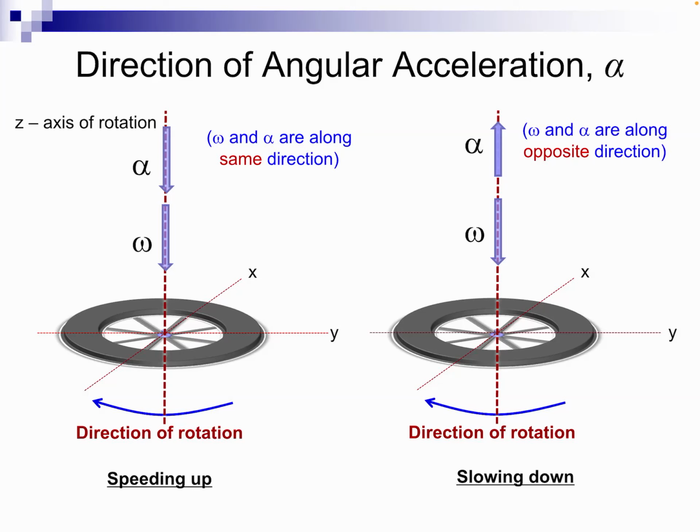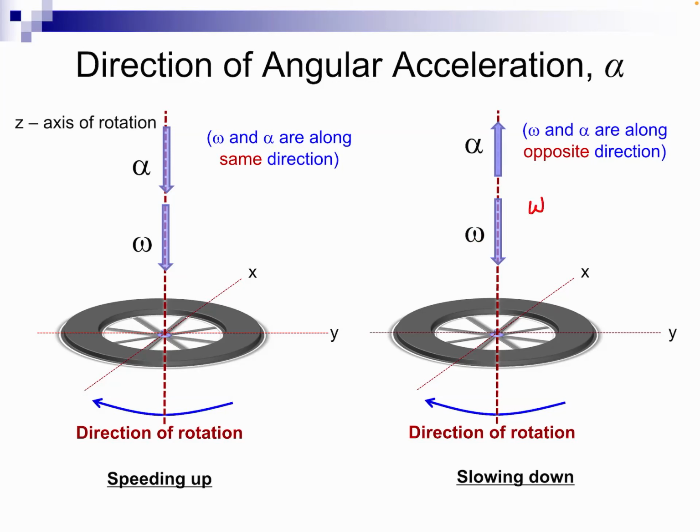To determine the sign of angular acceleration, whether it's positive or negative, you have to look at the context of the problem and see whether the rotation is speeding up or slowing down. Slowing down gives you a direction opposite to the angular velocity. So it's a two-step process. First, determine whether your angular velocity is positive or negative.